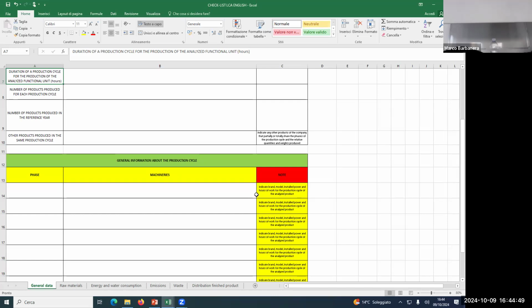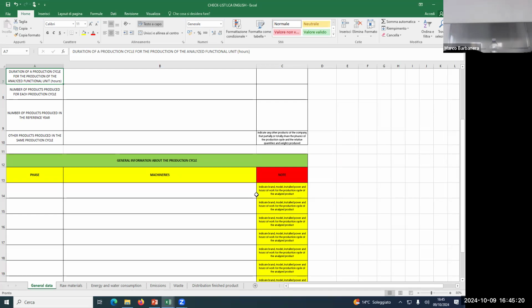And if we want to know instead the exact amount of electricity consumption for each machinery, the only way is to calculate it by knowing the electric power of each machinery and the hours of operation for each machinery.